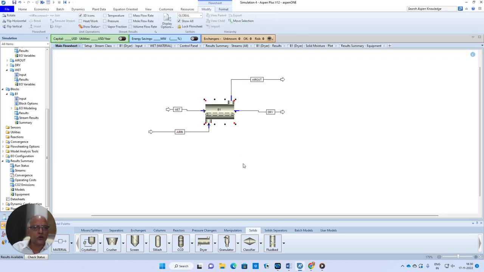This is how you should be able to model dryers. Remember, in this case, we were not required to decompose the solids into its constituent elements, because essentially we are dealing with only conventional inert solids, which we were able to handle in most of these unit operations. So with this, I would like to close the session.